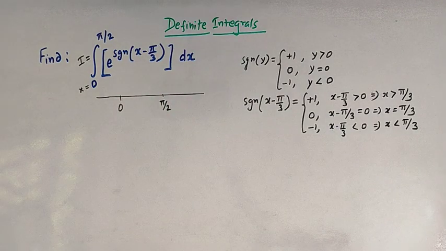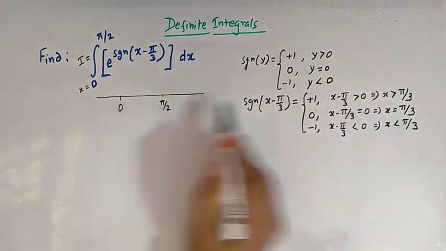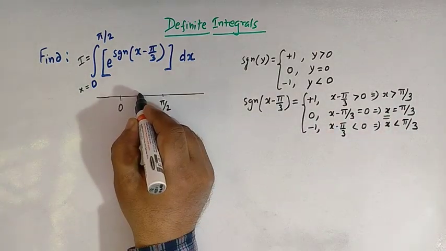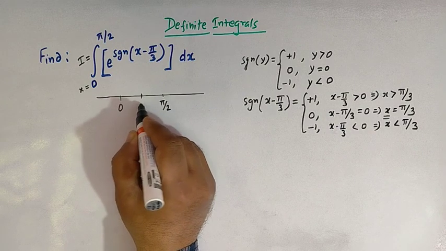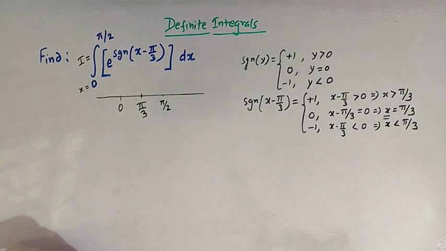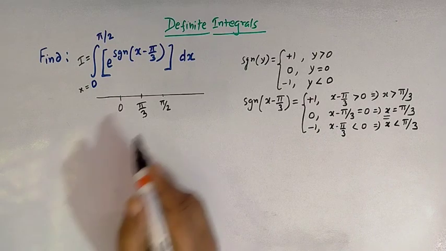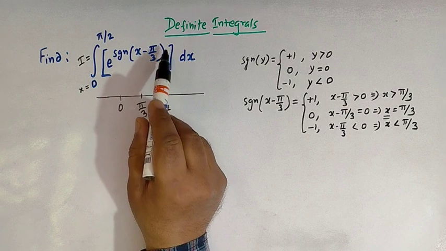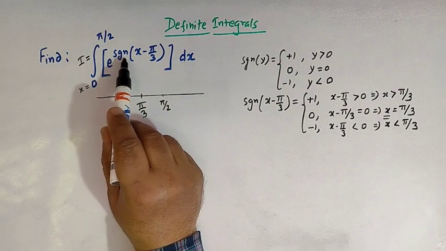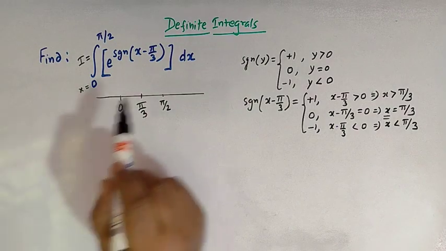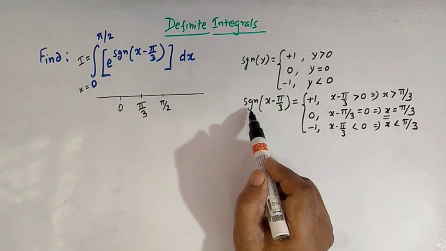The point x equal to pi by 3 lies between 0 and pi by 2. So here we have the greatest integer of e raised to signum of x minus pi by 3, and we'll first consider the signum function.